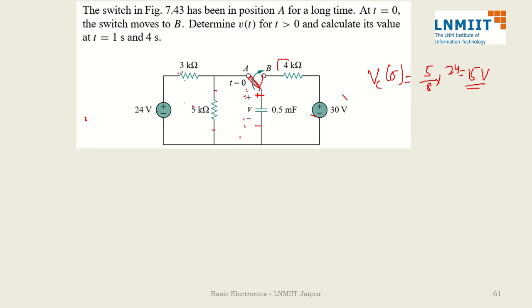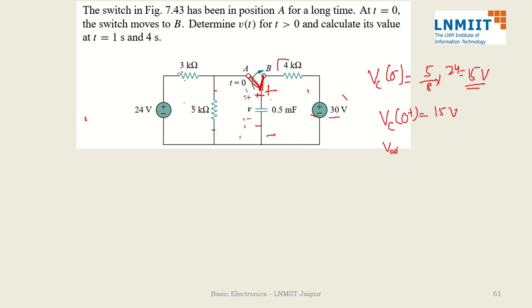Once I have this 15 volt across the capacitor, I am changing the position of my switch to this. That means V across capacitor at 0 plus is also the same right now. It is not changing immediately, but now it is connected to a 30 volt source. So now the capacitor will try to charge to 30 volt, and at infinity the voltage across the capacitor will become 30.